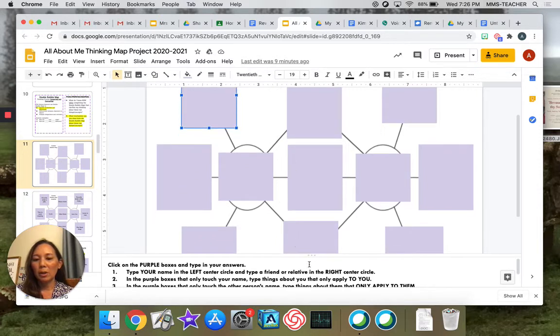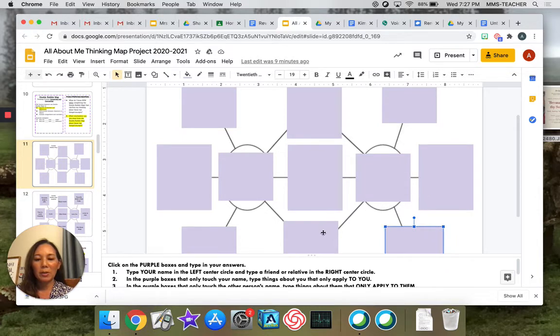Number 3, in the purple boxes that only touch the other person's name, type things about them that only apply to them. So it would be these 3 boxes. Okay.